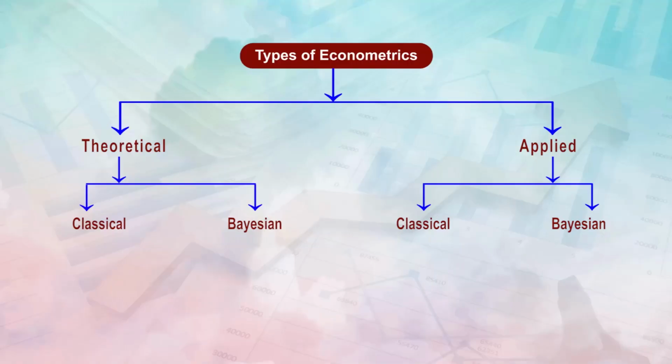Thereby, theoretical or classical types fall under a branch of econometrics. When we refer to the classical type, then there is the Bayesian, which is an application of the theory. So the Bayesian can be both theoretical, and the classical can be both applied, and thereby econometrics takes a very new shape.